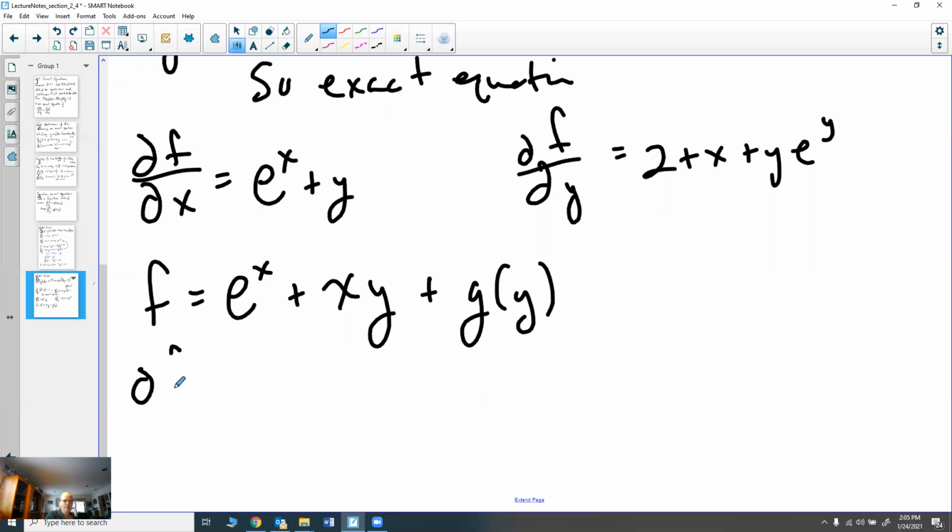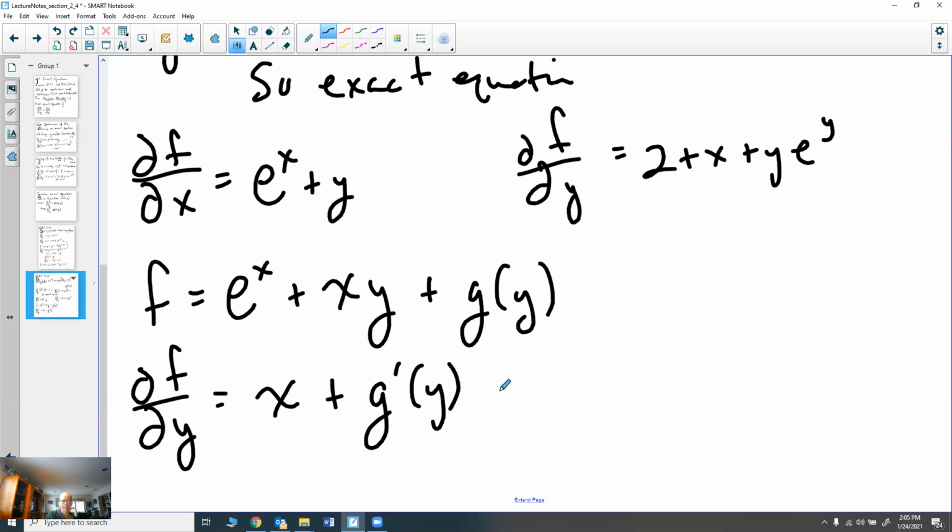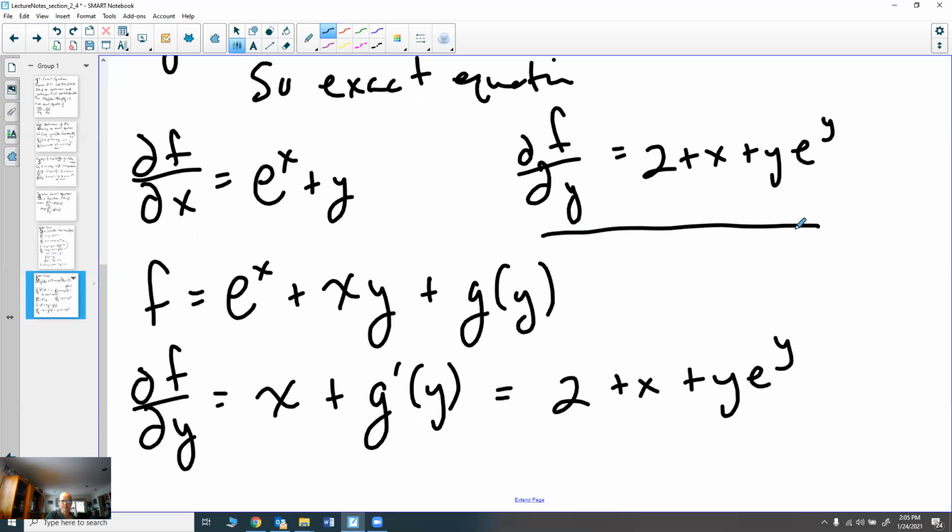Now let's take the partial derivative of that function that we just found with respect to y. The derivative of e to the x with respect to y is 0. The derivative of x times y with respect to y is just x. The derivative of g is just g prime. And that's supposed to equal 2 plus x plus y e to the y, because that's what we said it was equal to right up here.